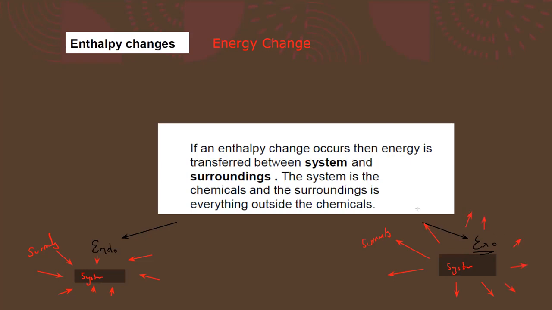And this transfer of energy between the system and the surrounding, we call that enthalpy change, and it is denoted by delta H. So delta H is used to show the energy change between the system and surrounding. Is the concept of enthalpy change clear, and how it is related to the two types of reactions, endothermic and exothermic?